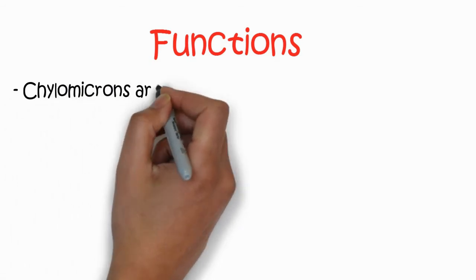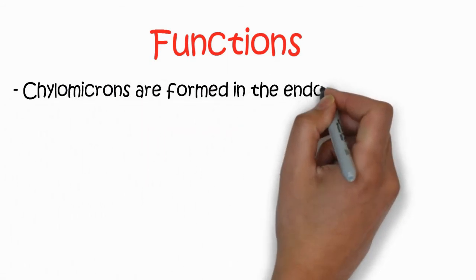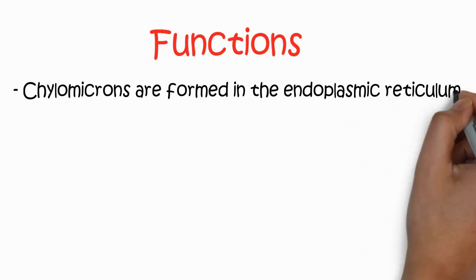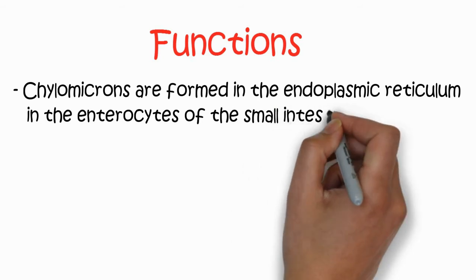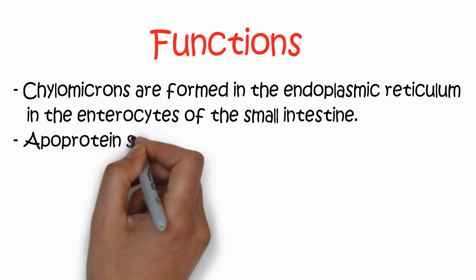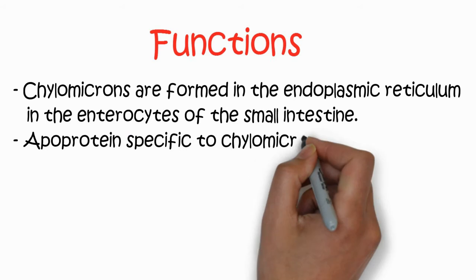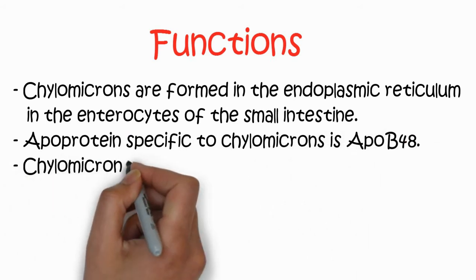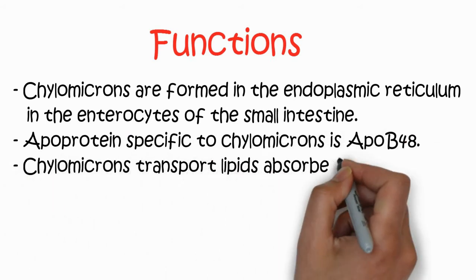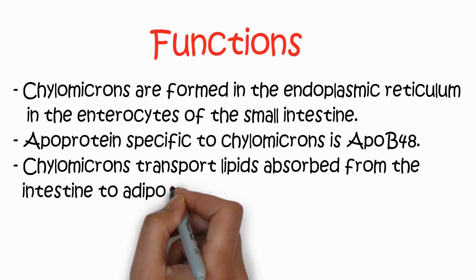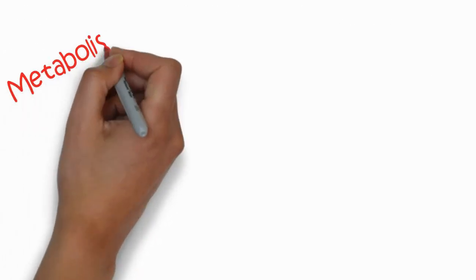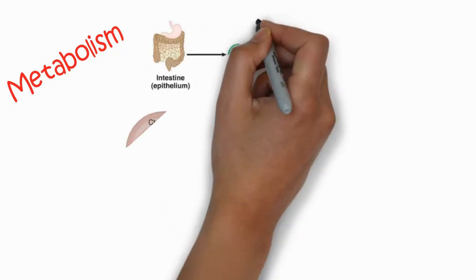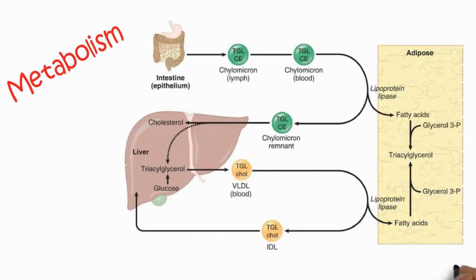An important function of chylomicrons is that they are found in the endoplasmic reticulum, in the enterocytes of the small intestine, from where they do their function. The apoprotein specific to chylomicron is ApoB48. Chylomicrons basically transport lipids absorbed from the intestine to adipose, cardiac, skeletal, and other tissues, and these lipids are usually dietary lipids.